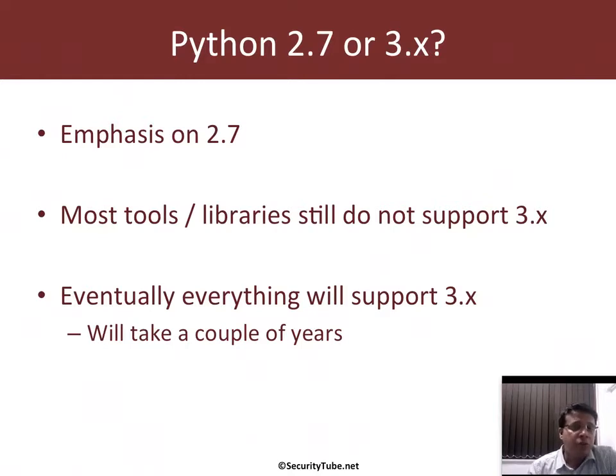And of course, eventually everything would have to support 3, but as even the Python guys mention in their website, it's going to take a couple of years before everything migrates to Python 3. And hence, in this course, we will emphasize more on 2.7. However, fear not, we will also take up 3.x and look at what are the subtle differences between both the languages and how to write code in both of them.